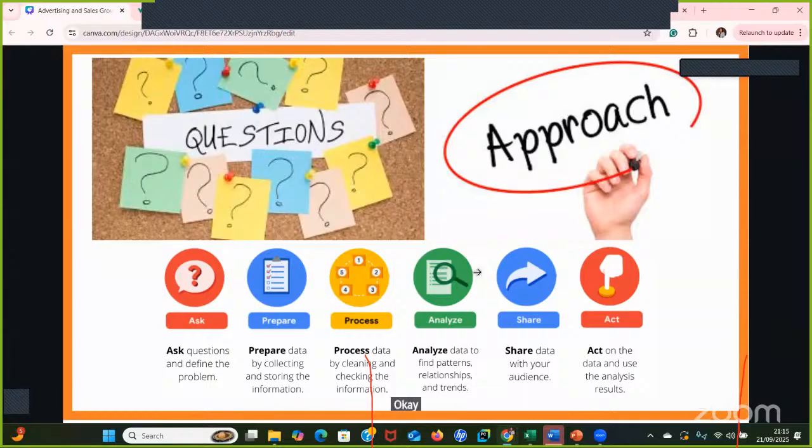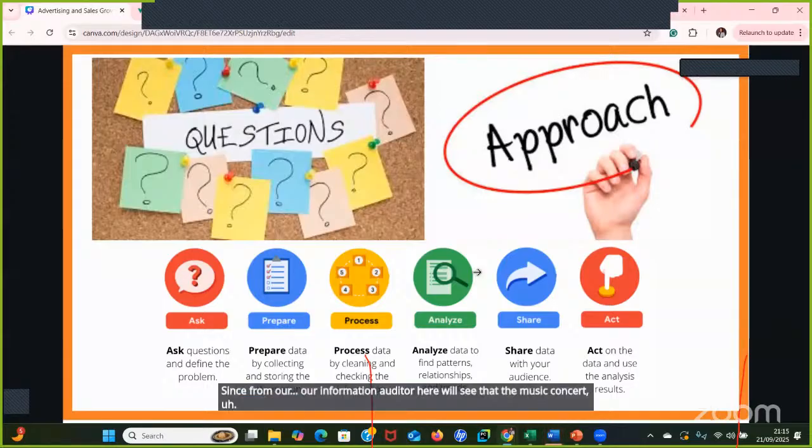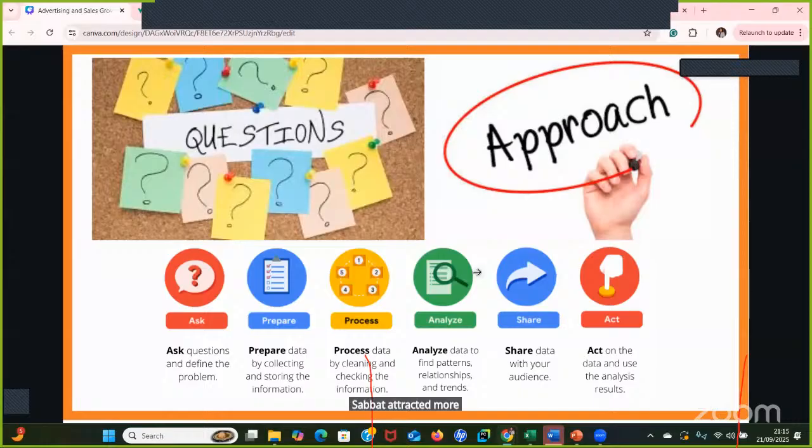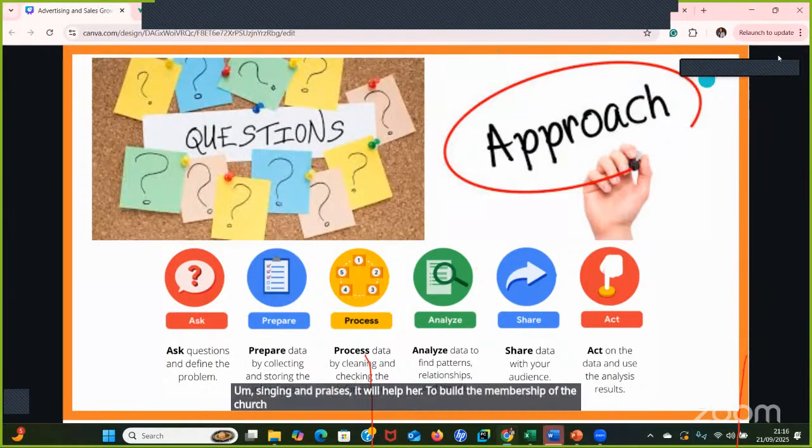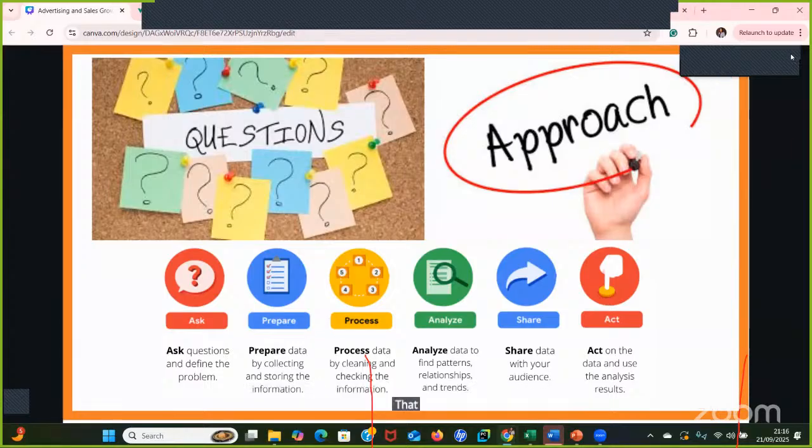Since from our data here, we see that the music concert Sabbath attracted more people and more offerings, we can, as a church, increase the duration of singing and praises. It will help to build the membership of the church. That is one strategy I think can be employed to achieve that. Okay. Perfect. Thank you very much.